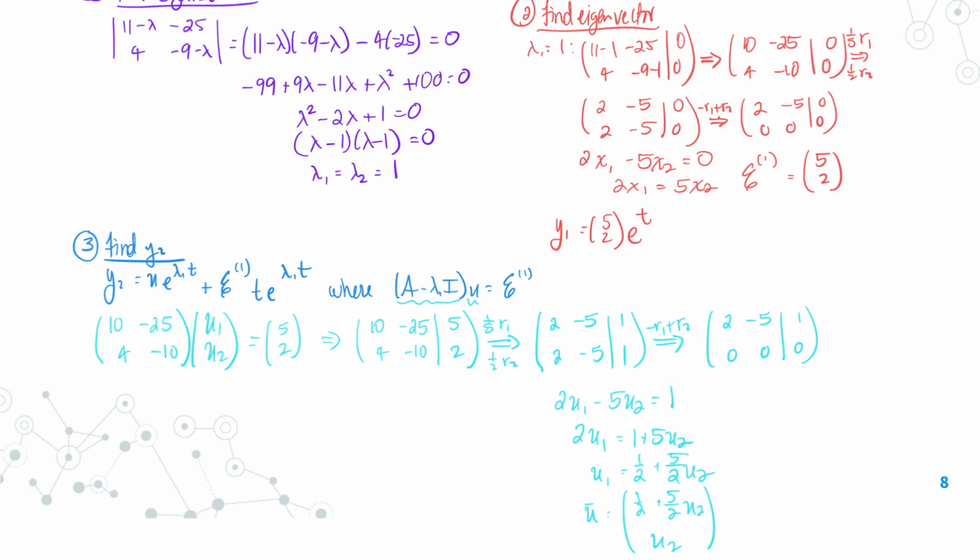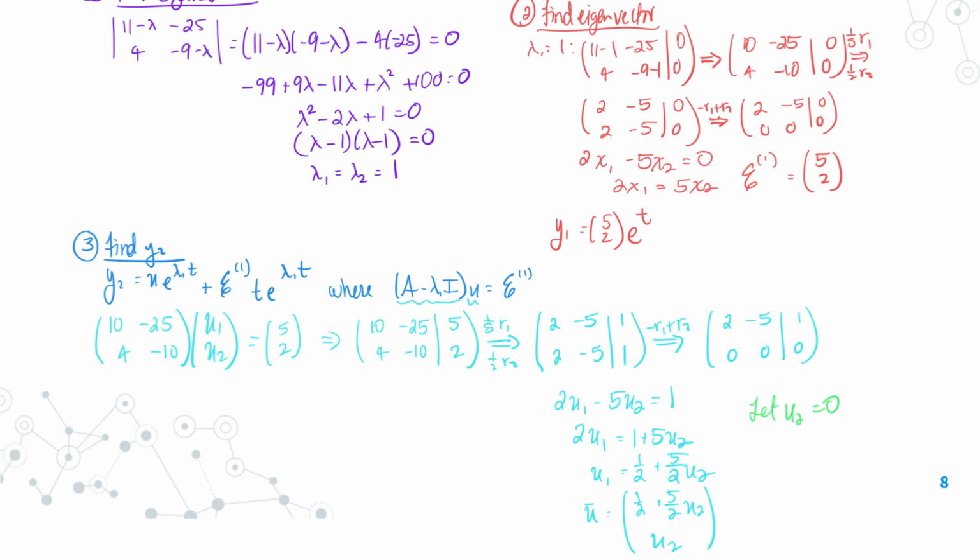Now here's where things get really fun and really different than what we've done before, because we have to do something different yet again. We're going to say, now let u2 be 0. Much like we were picking values when we were finding our eigenvectors, we're going to find the same thing here to find our u vector.